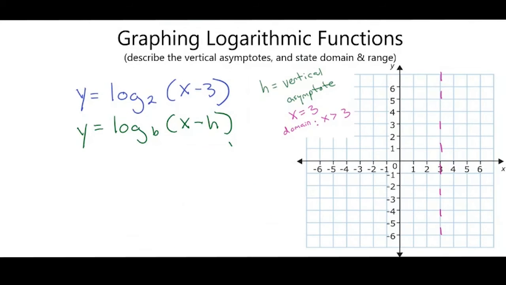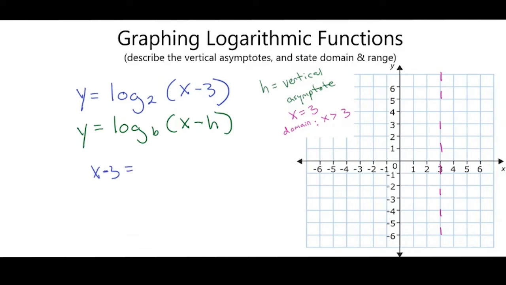I'll move that information up there, but now we need to find the points for our graph. If I have a situation like this, I definitely want to find what I would plug in for x to make my parentheses equal 1 and 2. Remember, you want it to equal the base.